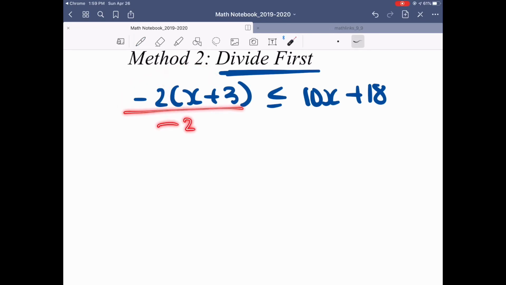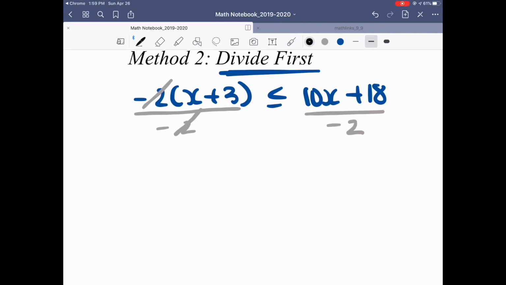Since negative 2 is being multiplied by what's in the brackets, we're just going to divide by negative 2 to cancel it out. And what you do to one side, you do to the other. Now right away, this should trigger a warning for you. We divided by a negative, so right away, just to make sure you don't forget it later, flip your inequality.